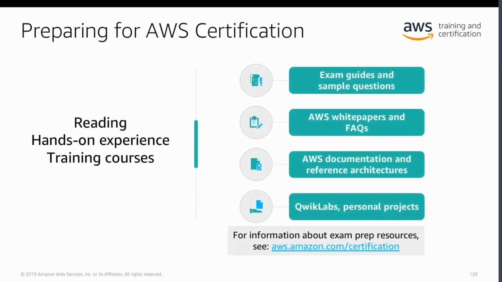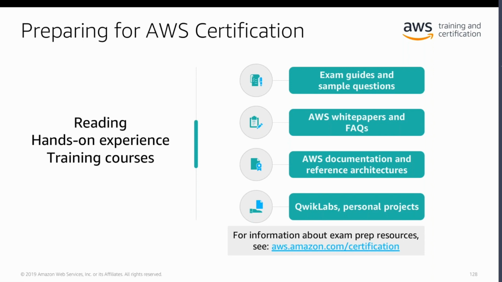So go through the exam guidelines. FAQs are very good things to read for all of the services that we talked about. They are rich sources for test writers to look through the FAQs and try to find ways to ask questions on that stuff. Also the AWS documentation.